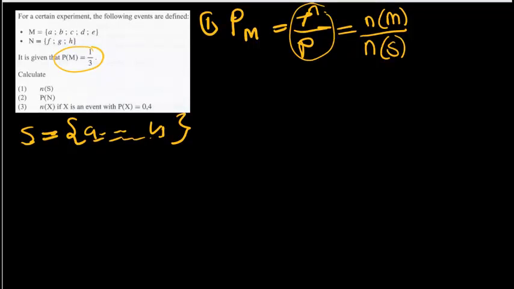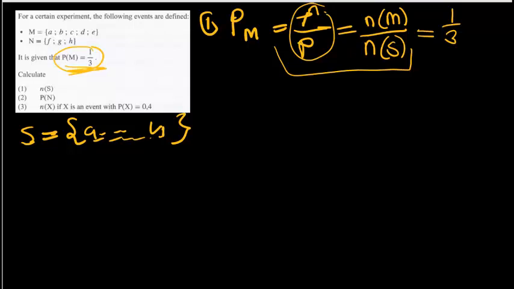So the probability of M happening is NM over NS. Now they are telling us that this is equal to 1 over 3. They're telling me P(M) is 1 over 3, and all of this in between I've inserted as things that I know to be true. So I want to know what is NS.